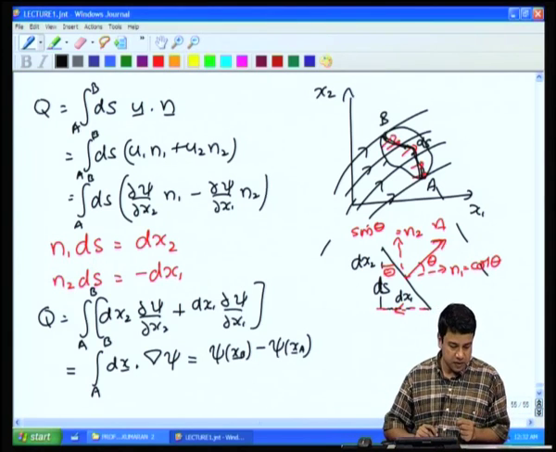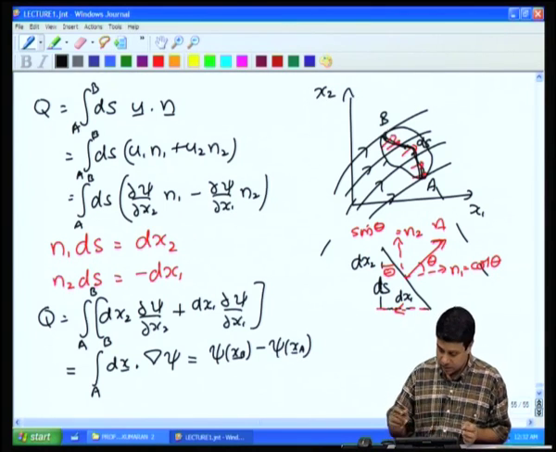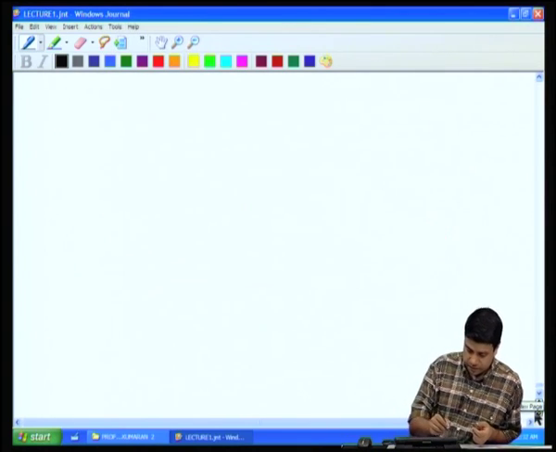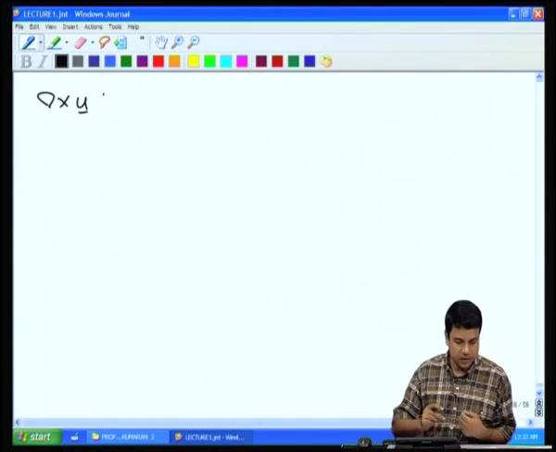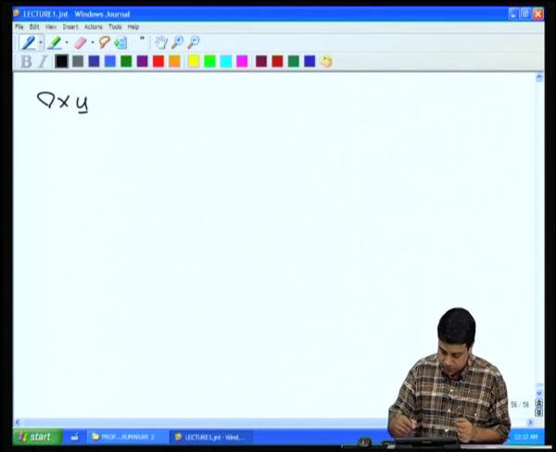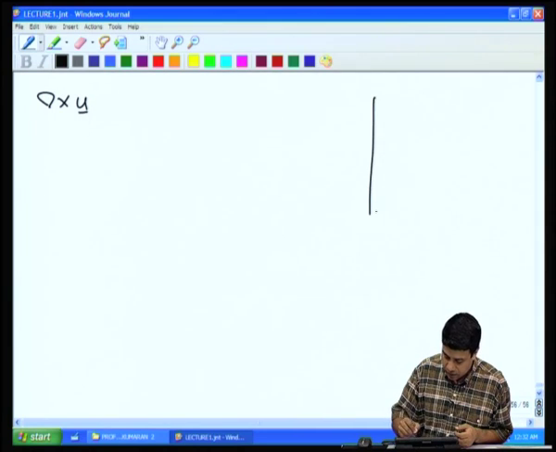The other thing that emerges is from the curl of the velocity field. So, when I take del cross u, once again we will do it in a 2-dimensional coordinate system.